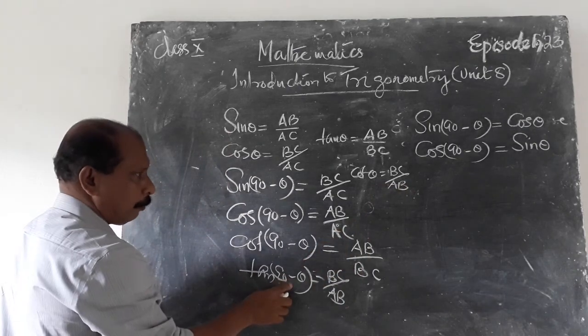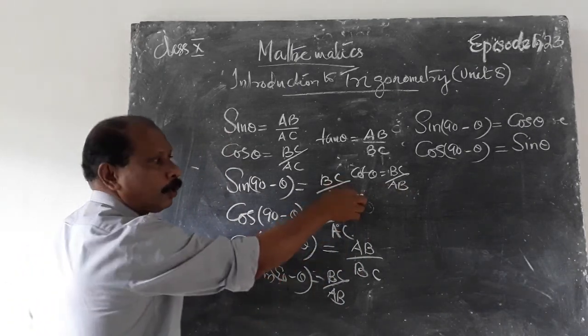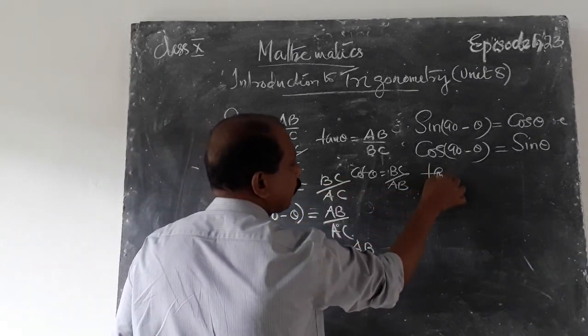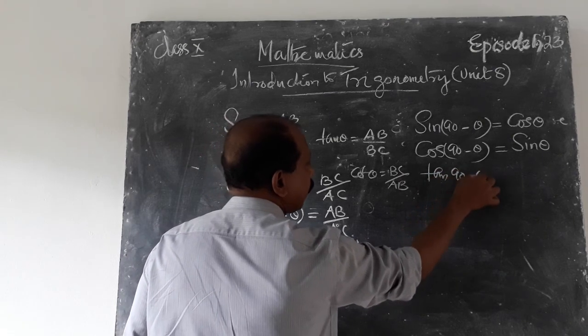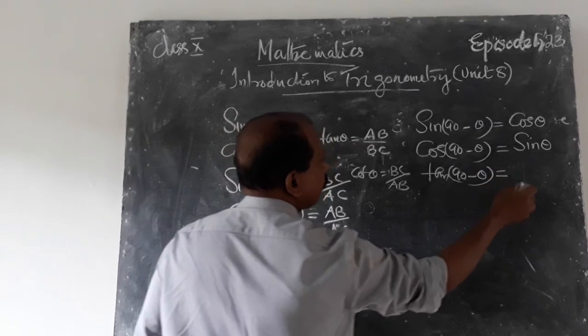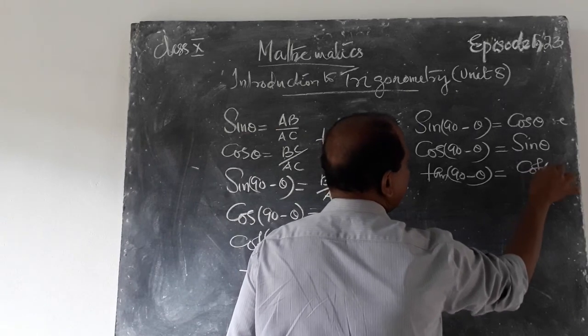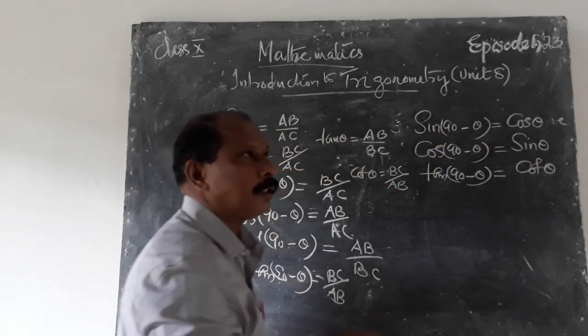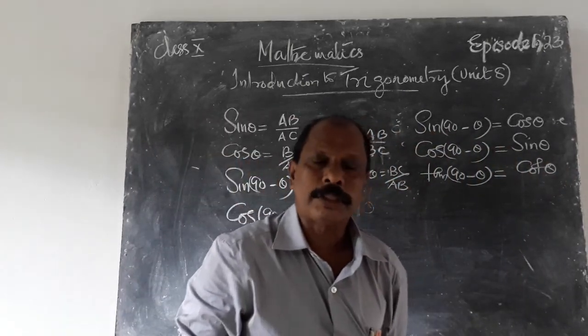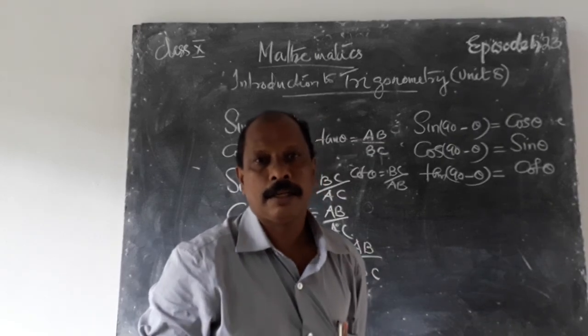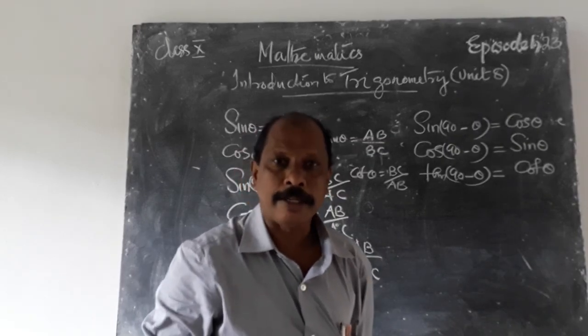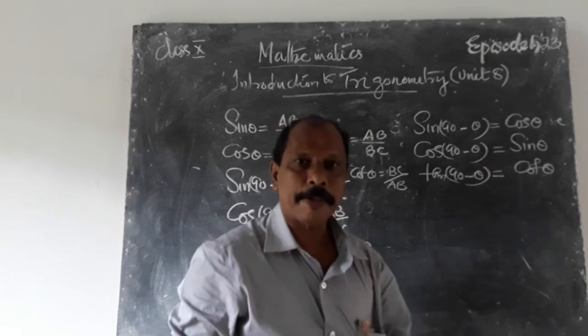Therefore, tan 90 minus theta is equal to cot theta. That means sin 90 minus theta is cos theta, cos 90 minus theta is sin theta, and tan 90 minus theta is cot theta.